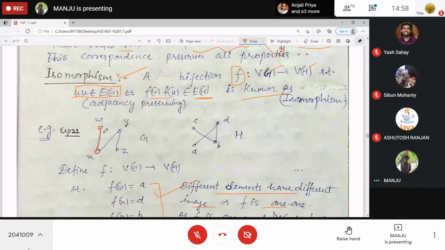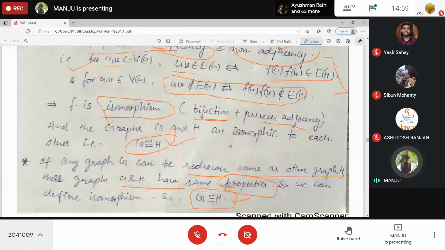W and X, and if your W corresponds to C, and while defining we have taken care that X goes to B, then W and X are adjacent and their images' edge is adjacent, right? Yes, ma'am. Got it. It means there is an edge between them. So that's all about this isomorphism.